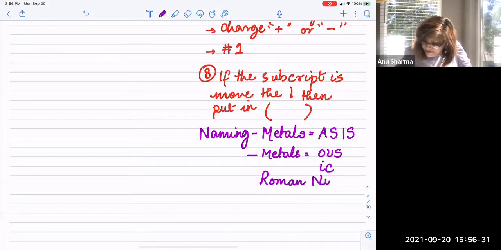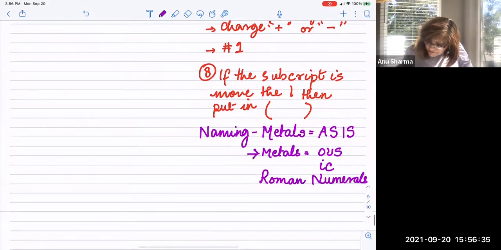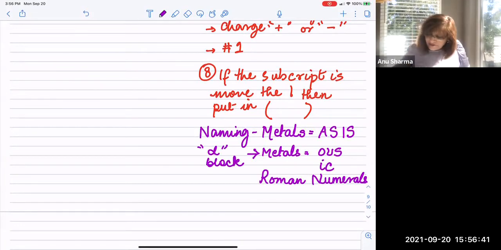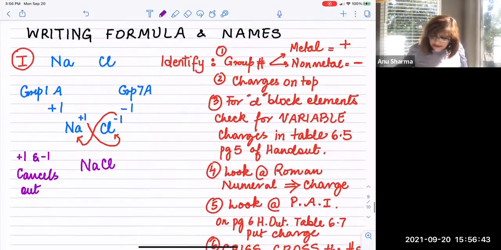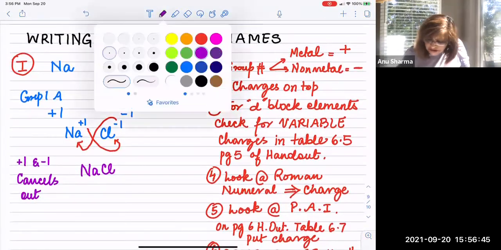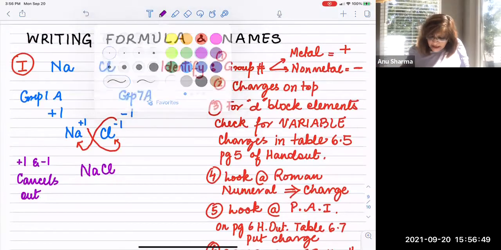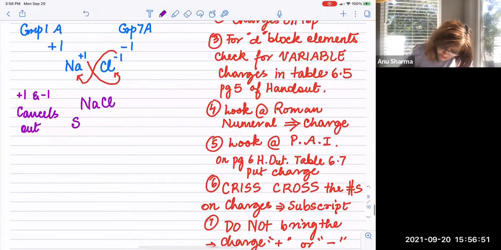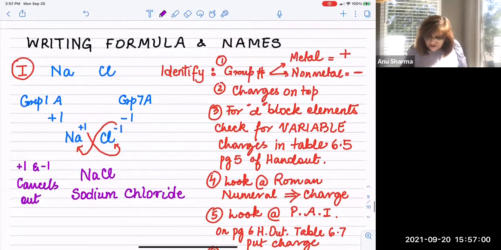Those are for D block elements. And with just the chlorine by itself, chlorine is not a polyatomic ion. So the name is sodium chloride. Okay, so that's one piece.